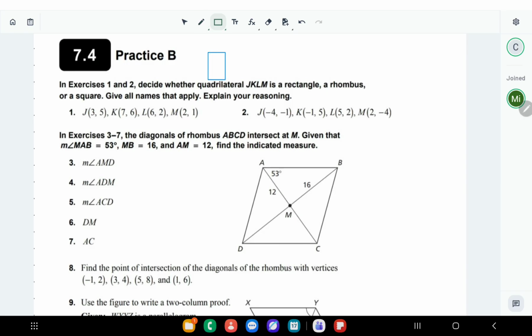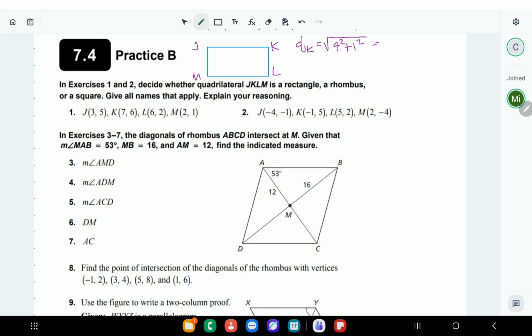Okay, this one. Let's say for the first one, this is quadrilateral JKLM. You find the distance between 2 points. Distance from J to K, square root of 7 minus 3 is 4 squared, plus 6 minus 5 is 1 squared.